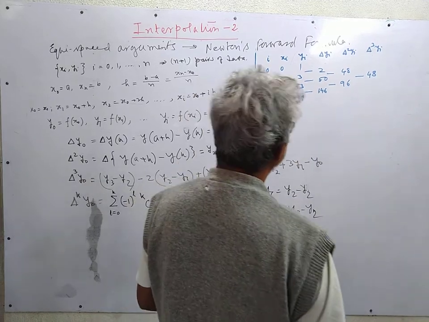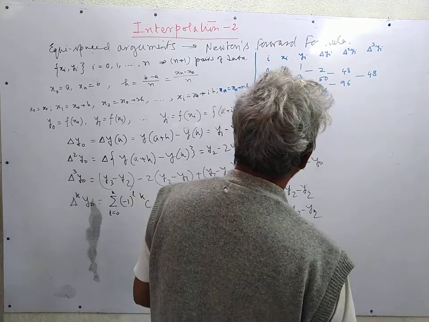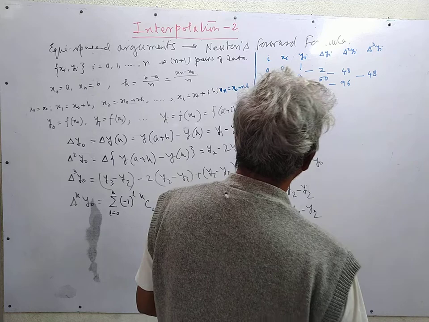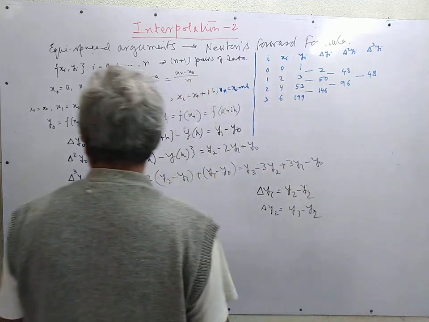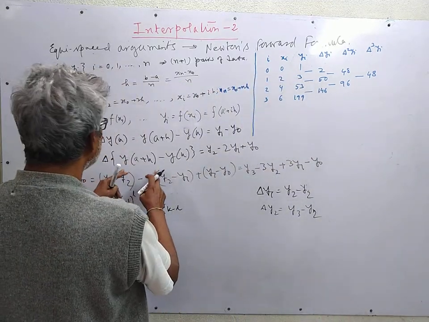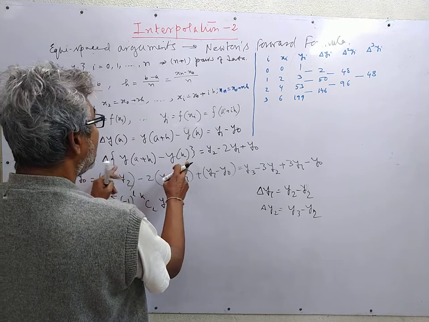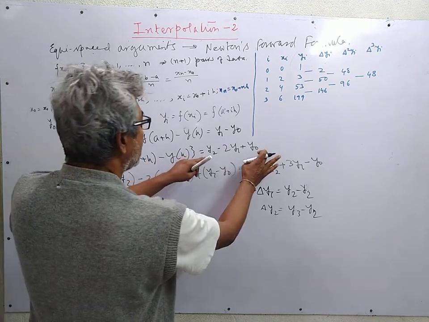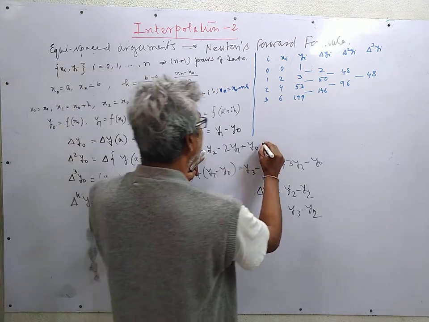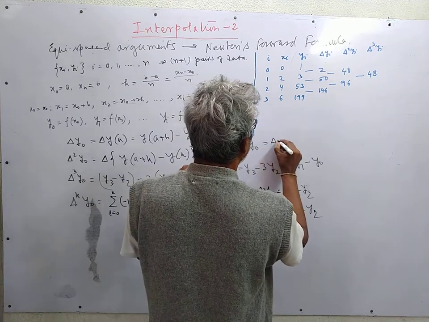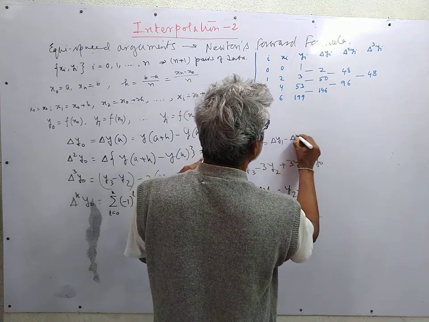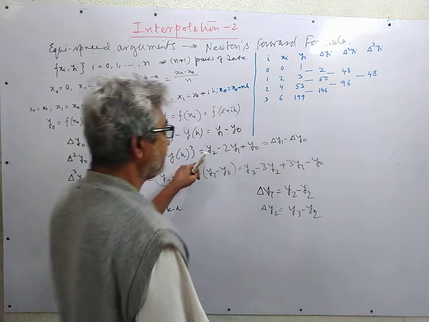Now we come to the second difference. The second difference of y0, delta 2 of y0, can be written as delta of y1 minus delta of y0.